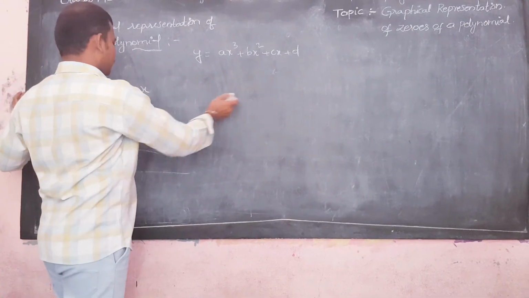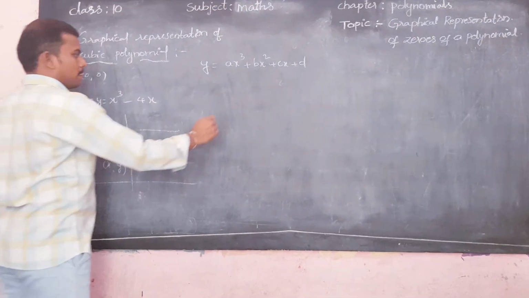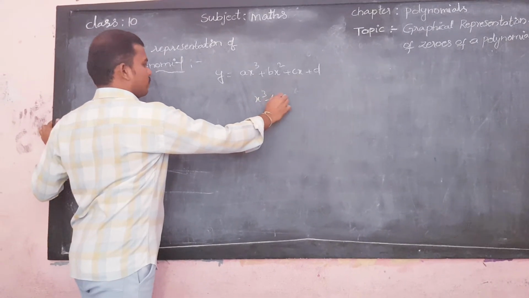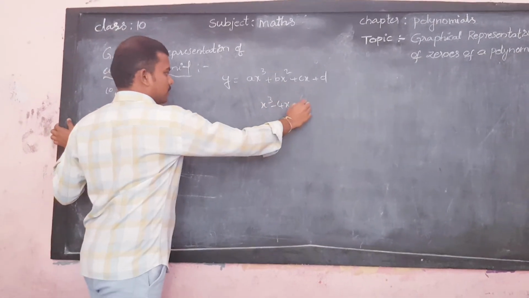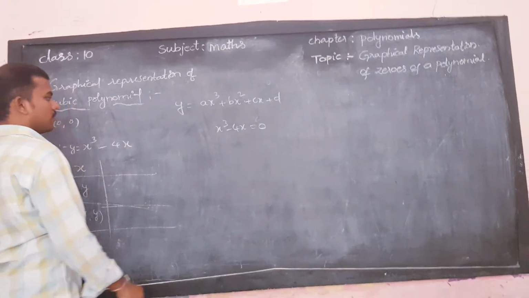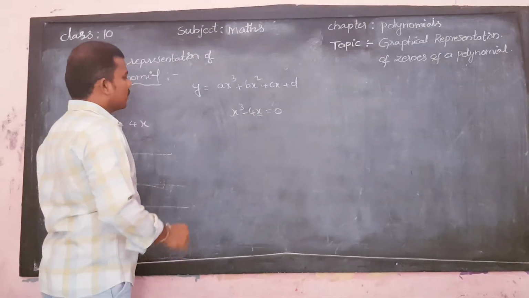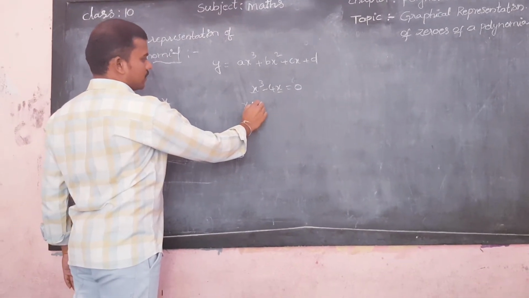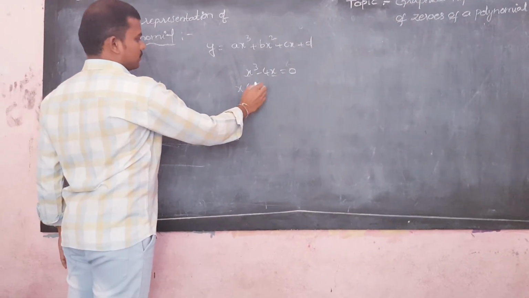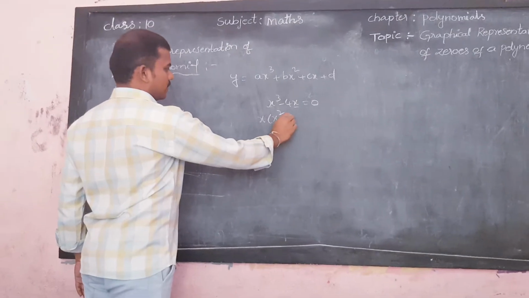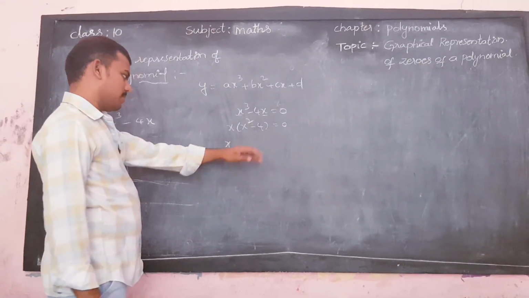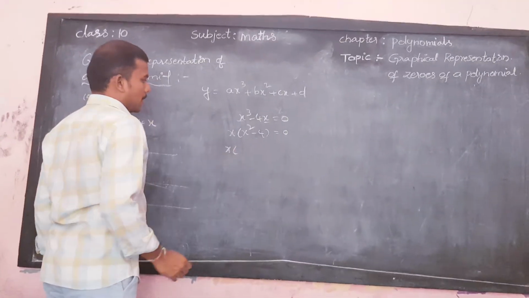Verification of a cubic polynomial. The cubic polynomial x cubed minus 4x is equal to 0. Here x is common, so taking x common, the remaining is x squared minus 4, that is x into (x squared minus 4) equals 0.